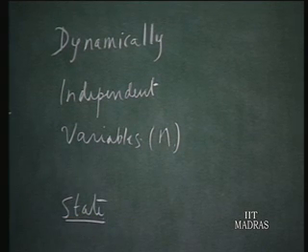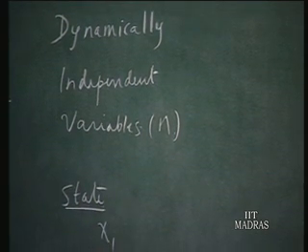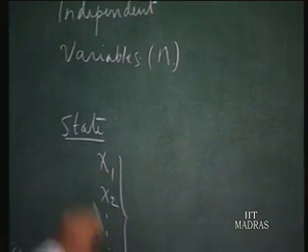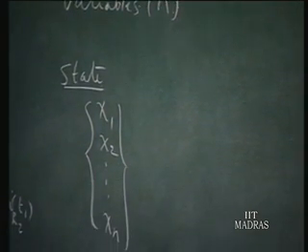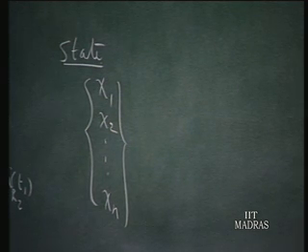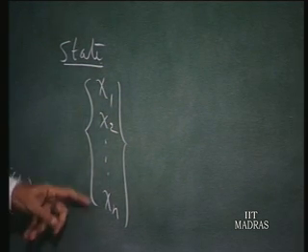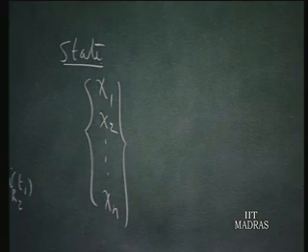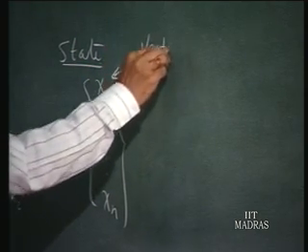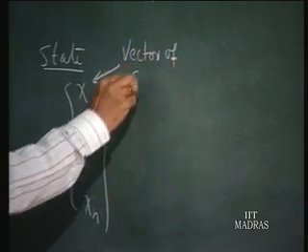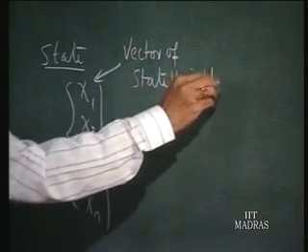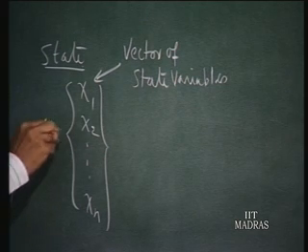So, if the n independent variables are x1, x2 right up to xn, these are the set of n independent variables which together constitute a state, and therefore the state is normally represented by means of a column or a vector of state variables, and the entire vector is given the symbol x.